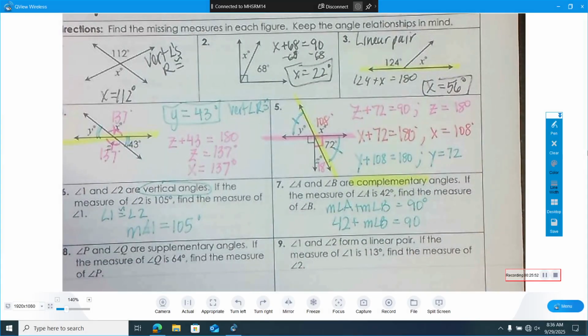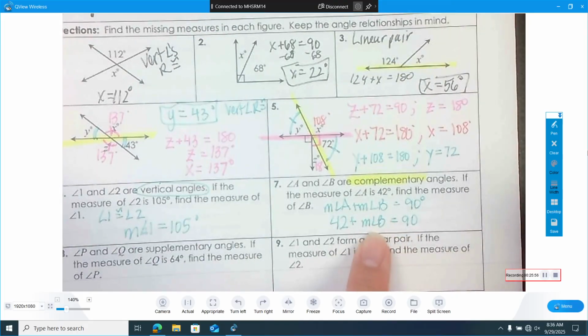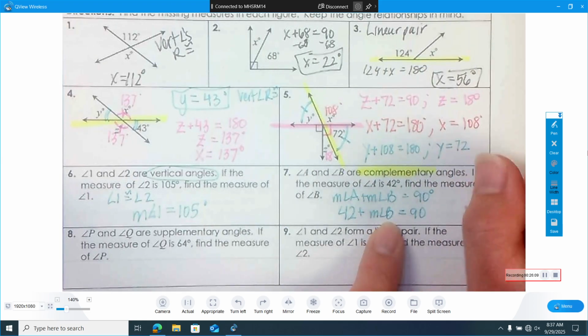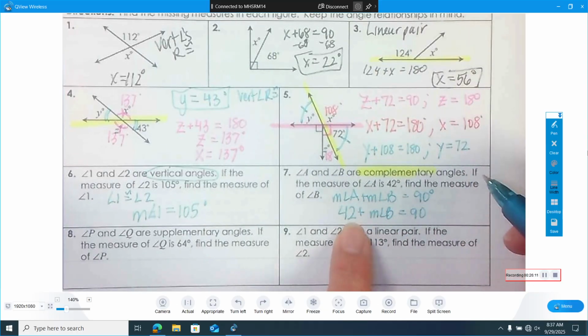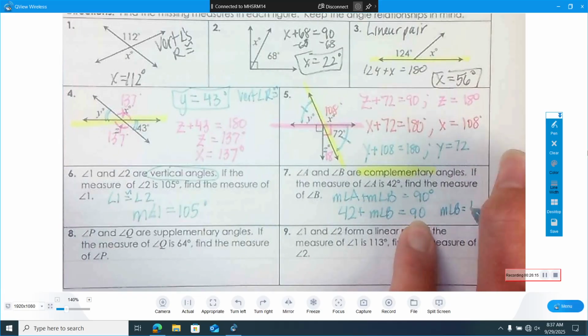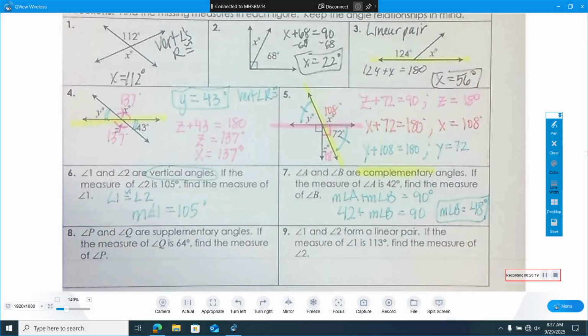So what's B going to be? 48. Very good. If we subtract 42, the measure of angle B would be 48. 48 plus 42 equals 90.